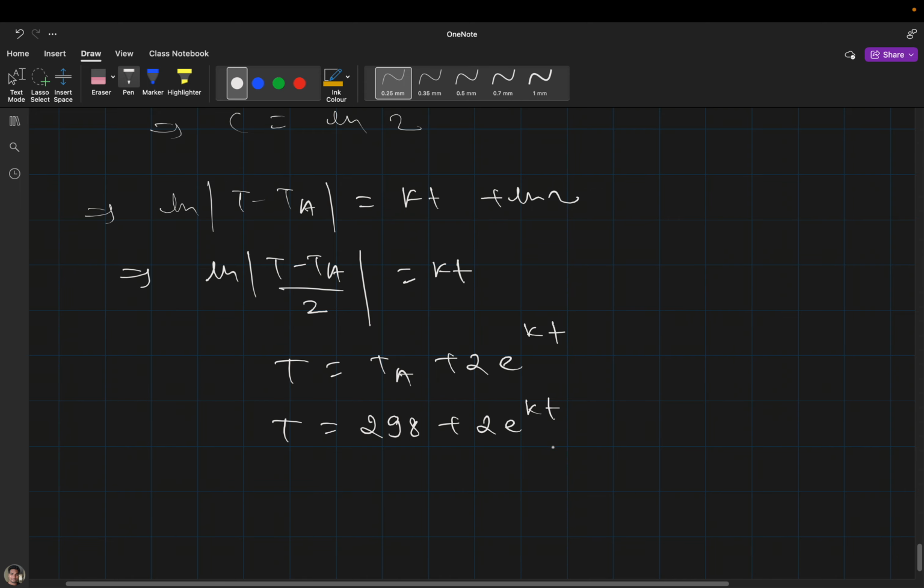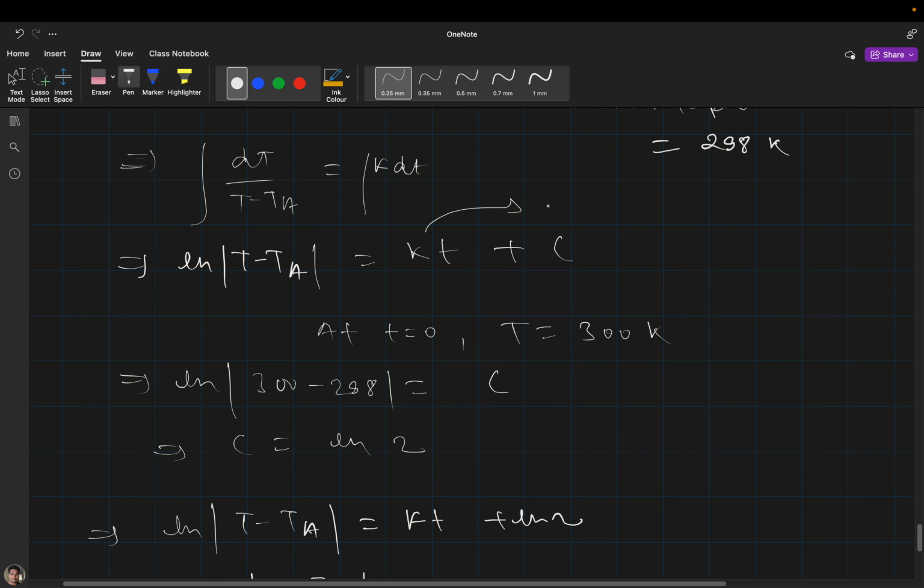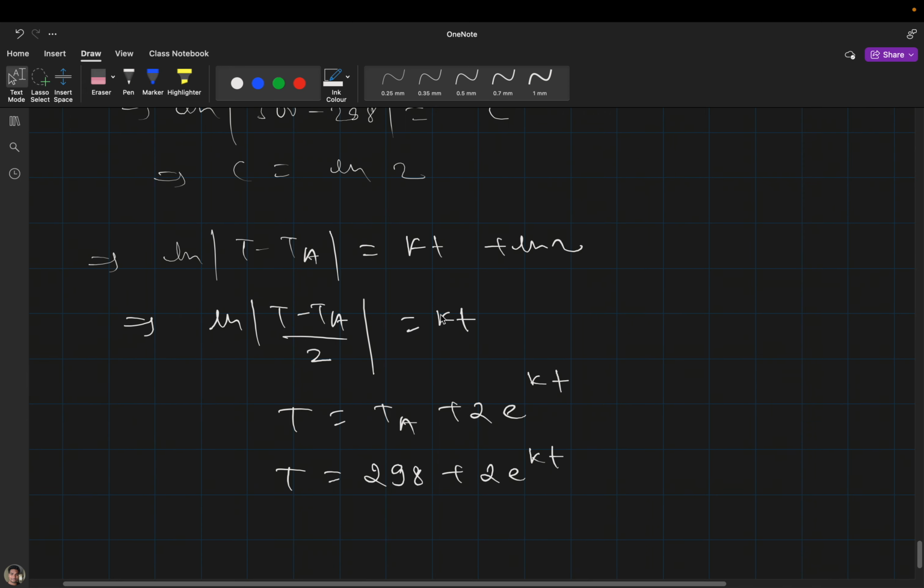Now you have to understand what k is. First you want to know what k is. This is nothing but the material property, which means you already know it, or if you want to find it, you have to get another boundary condition.